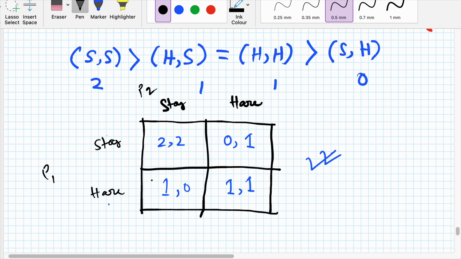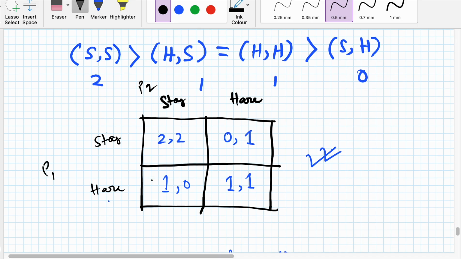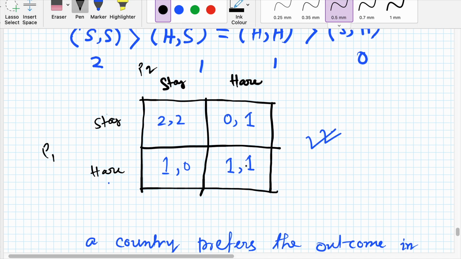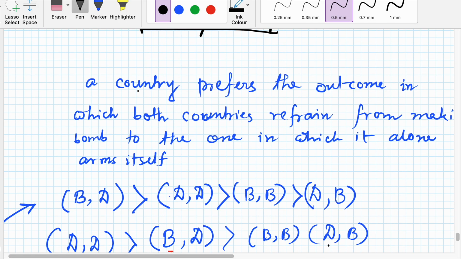However, the individual who defects and tries to hunt a hare will be successful and get a payoff of one. So that situation can be represented by the stag hunt game.